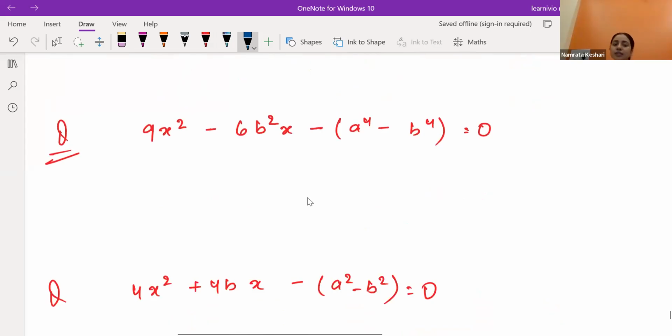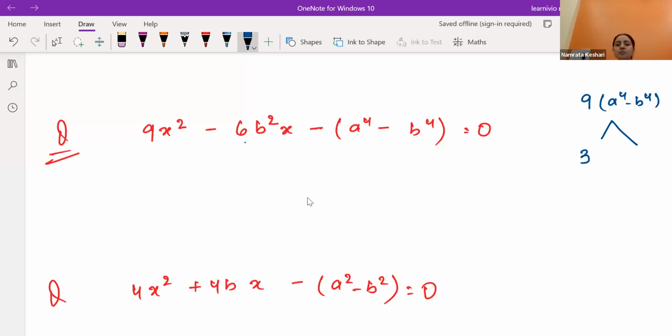So we are having 9x square minus 6b square, a to the power 4 minus b to the power 4. We understood now that this can be written as a square plus b square in one bracket, a square minus b square in another bracket. Okay, here if we do the multiplication of a and c, this is what we will be getting. And if we try splitting it, we want to create 6.